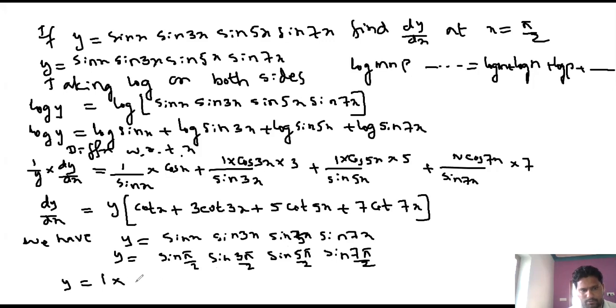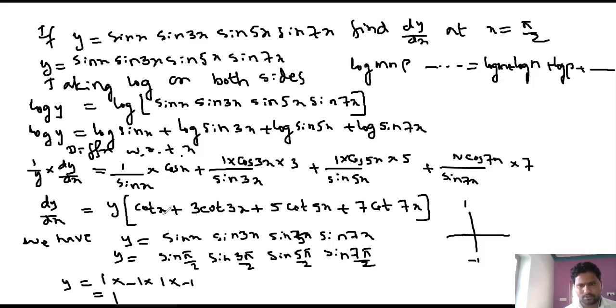Sin 3 pi by 2 is minus 1. Sin 5 pi by 2 is 1, and sin 7 pi by 2 is minus 1. So it becomes 1. This is the value of y.